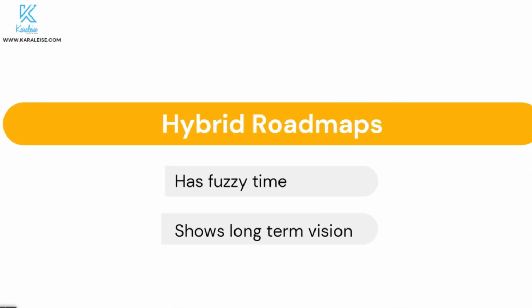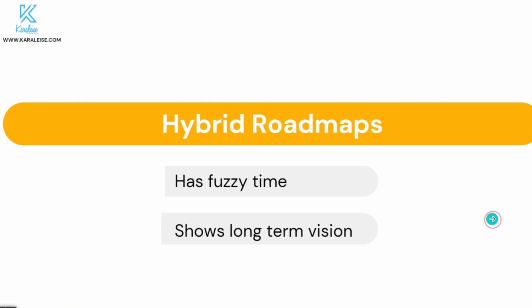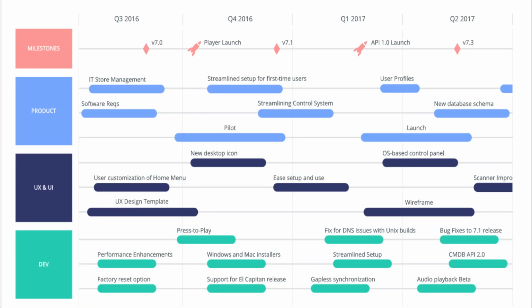All right. So we also have a hybrid roadmap. What's a hybrid roadmap? Well, it's just fuzzy time, still long term vision, but we don't get as specific as we were. So, as we said, this timeline has dates that you can definitely pinpoint. But the hybrid is where it's bucketed, instead of having January, February, March, you just have Q1, right?